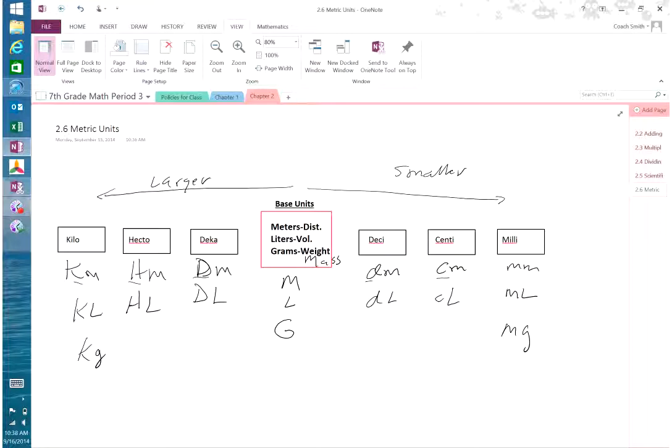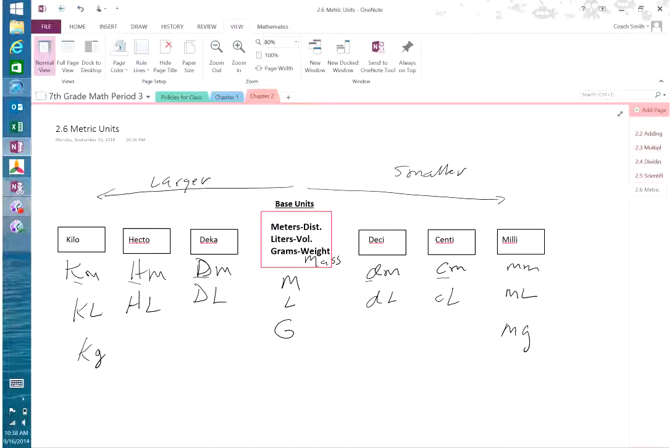We usually don't call it weight even in the American system of measurement. I use weight because that way you understand it, but it's really called mass, M-A-S-S. So the answer to number 1 is mass. That's what goes in the blank. What they basically want you to do is come up with the unit of measurement you would use for each of these objects.